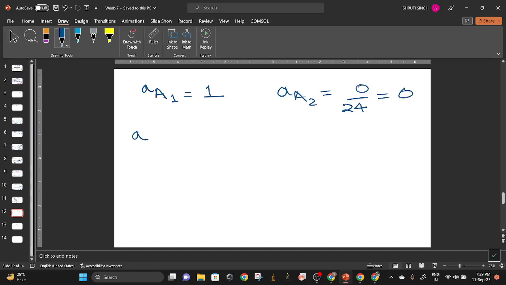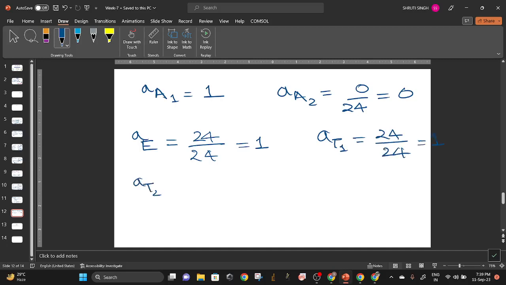For E you will get again 24 by 24, which is 1. For T1 you will get again 24 by 24, which is 1. And for T2 you will get 72 by 24, which is 3.